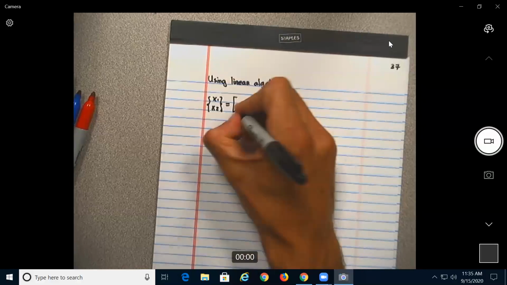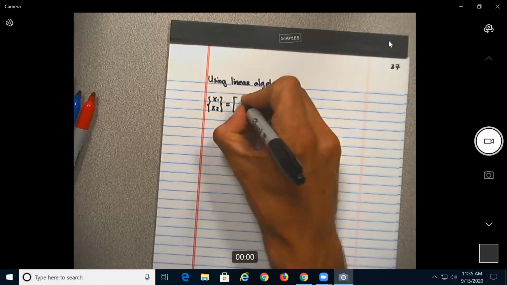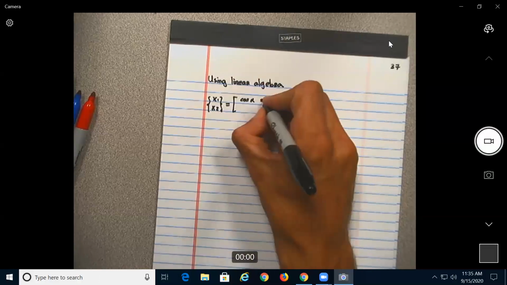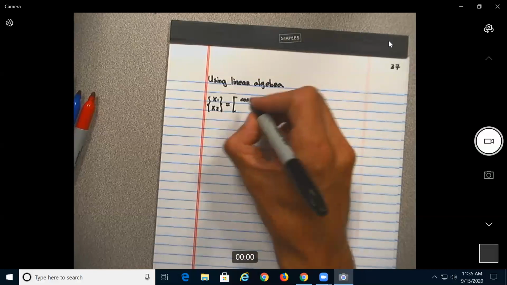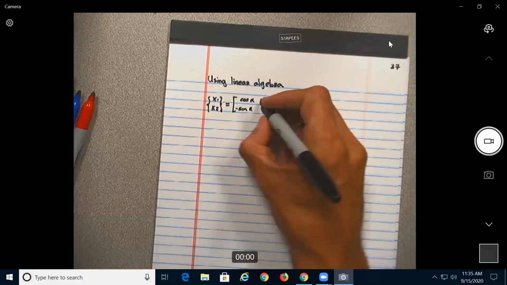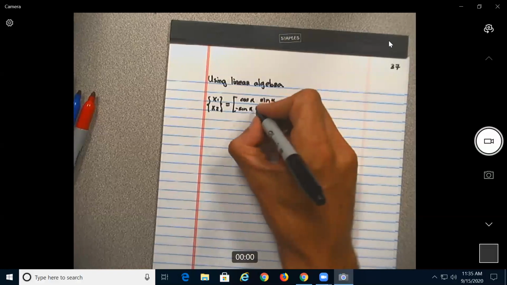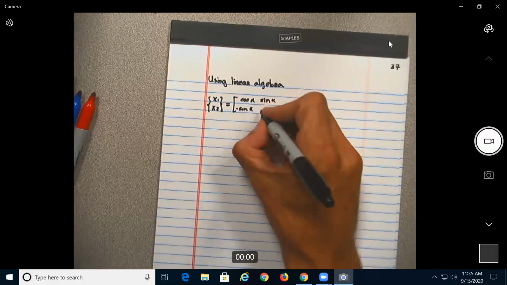Cosine alpha, sine alpha, minus sine alpha. It's repetitive, but it doesn't matter, we can resolve it very quickly. It's not going to be a big issue.